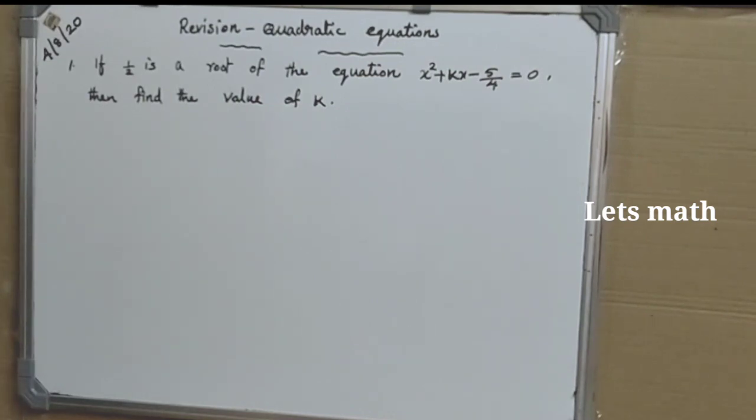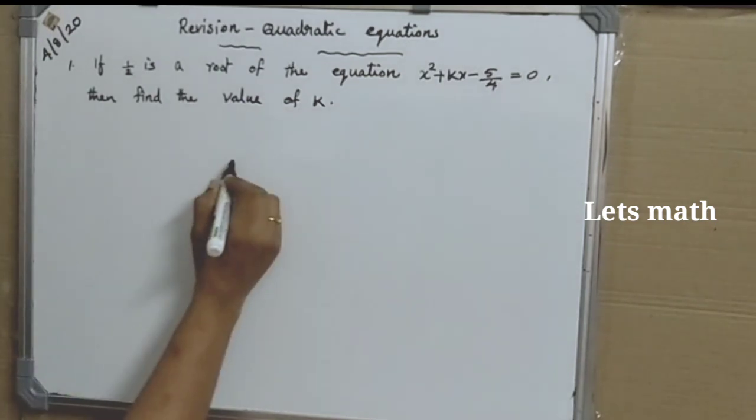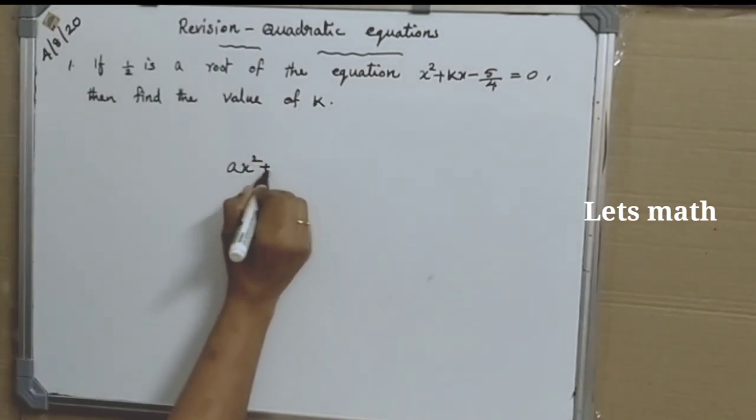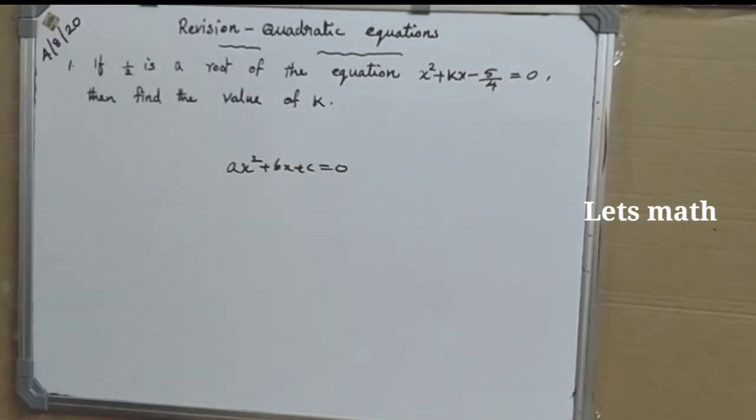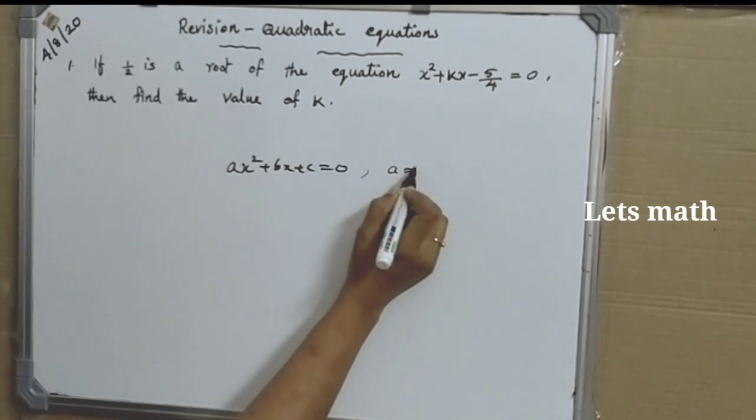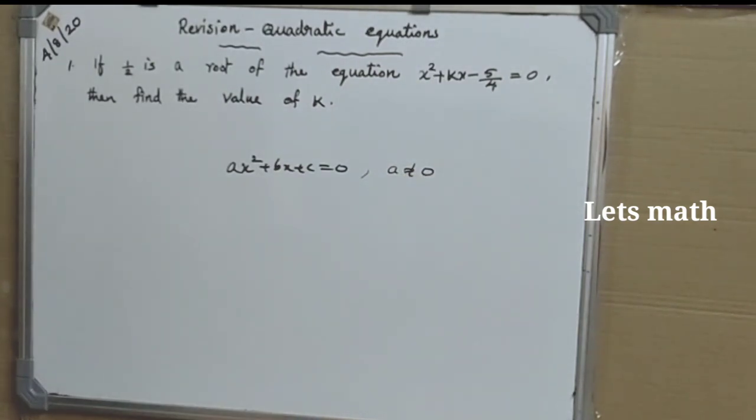The standard form of a quadratic equation is ax square plus bx plus c equal to 0, where a, b, c are real numbers and a not equal to 0. You all know about this.